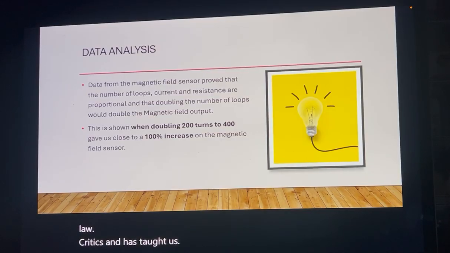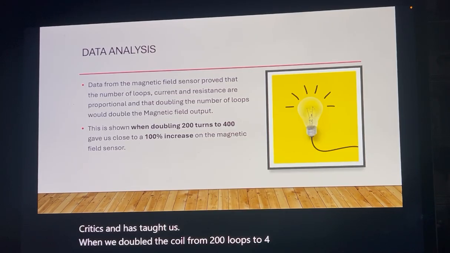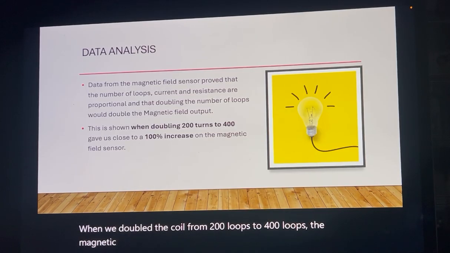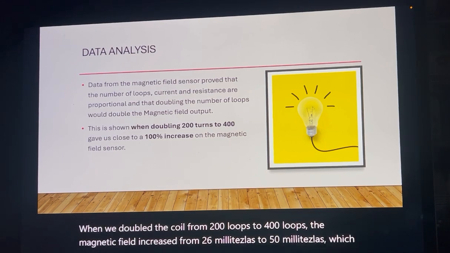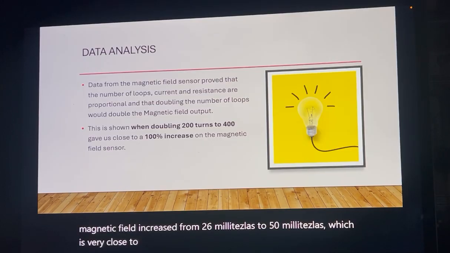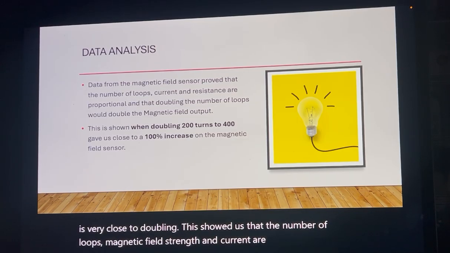When we doubled the coil from 200 loops to 400 loops, the magnetic field increased from 26 milliteslas to 50 milliteslas, which is very close to doubling. This showed us that the number of loops, magnetic field strength, and current are proportional to one another.